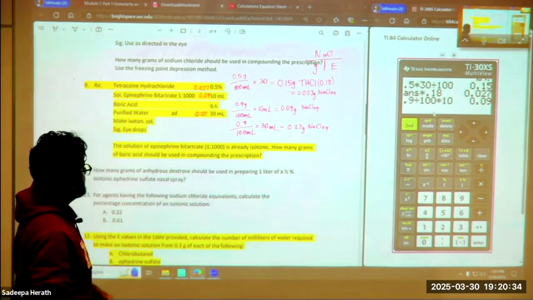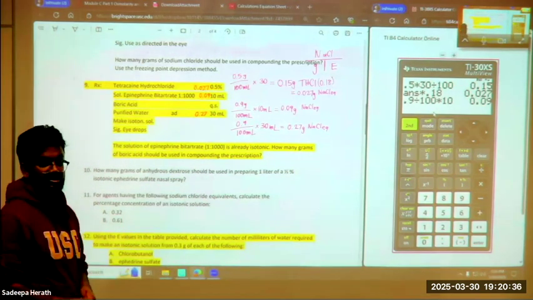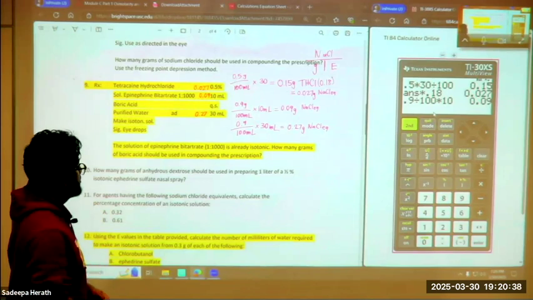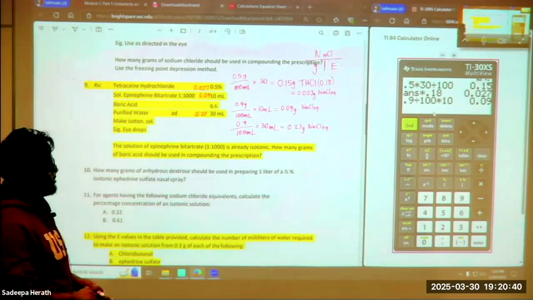So same as before, we have our parts calculated equivalently, and then our total calculated equivalently.